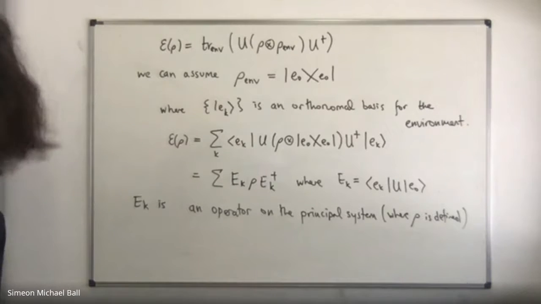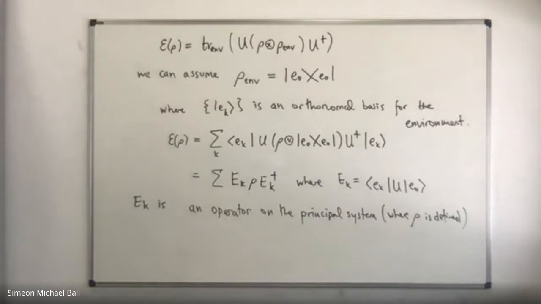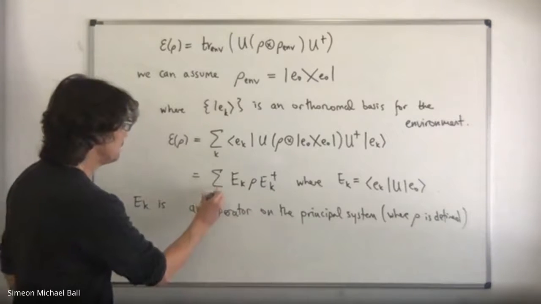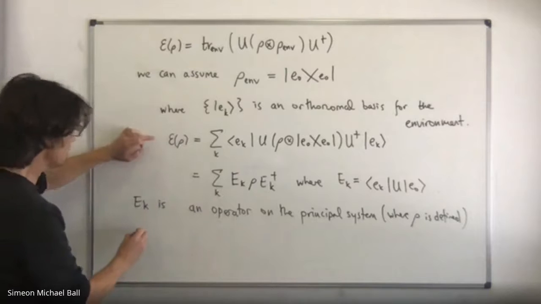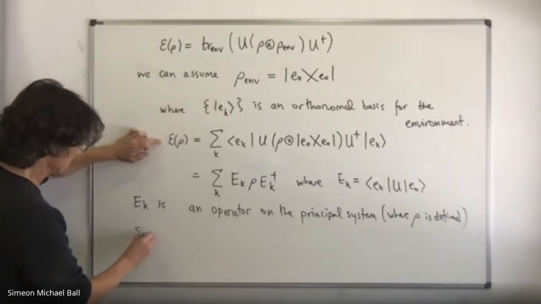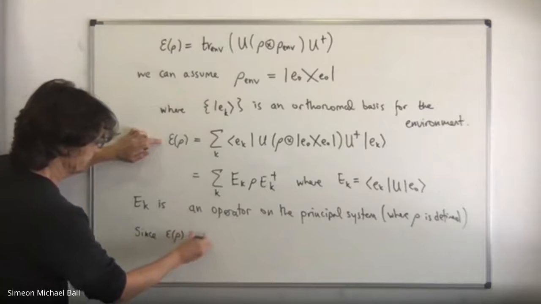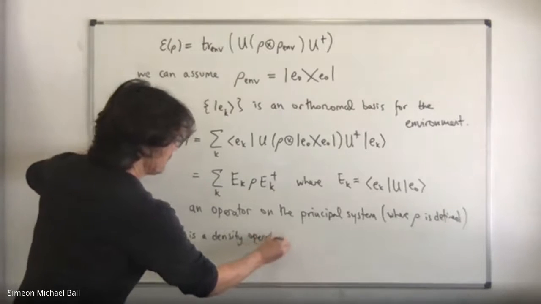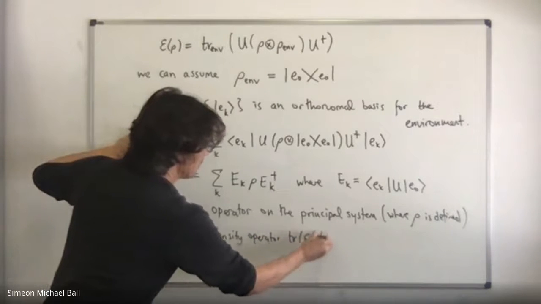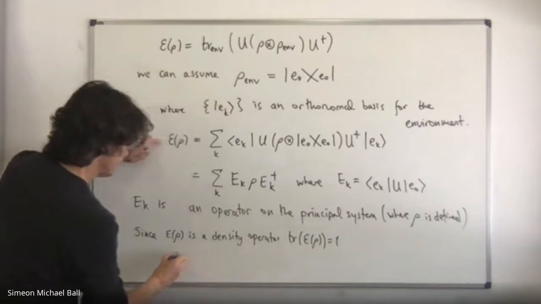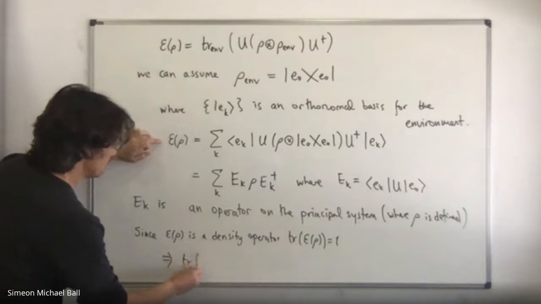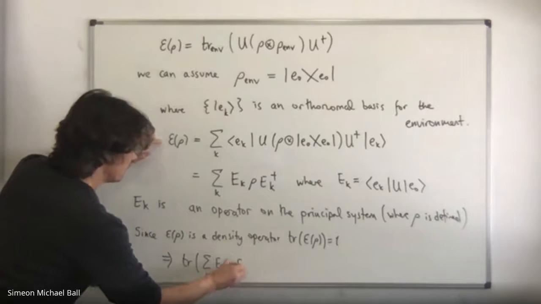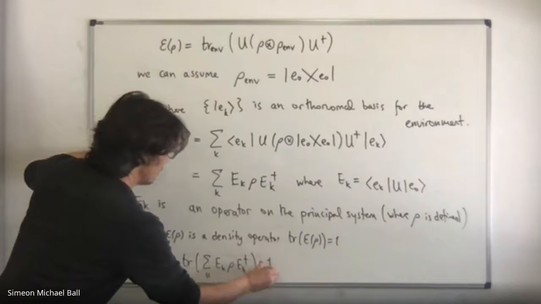Okay, more or less. So this is something much nicer, something actually familiar. And we know something else. We know this is the density operator. The trace of this must be 1, which implies that the trace of the sum over k of E_k rho E_k dagger is equal to 1.